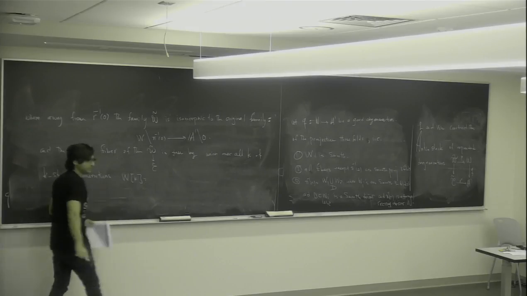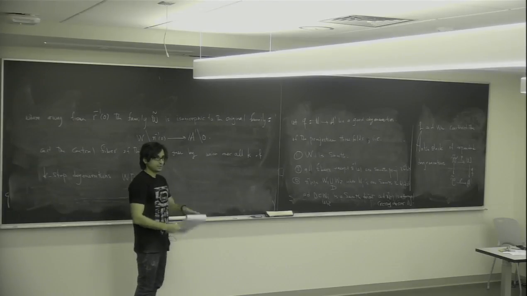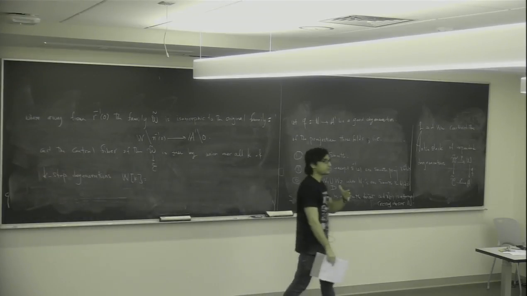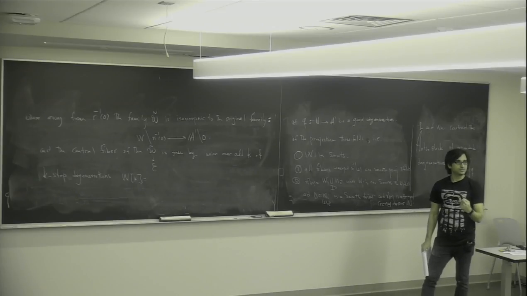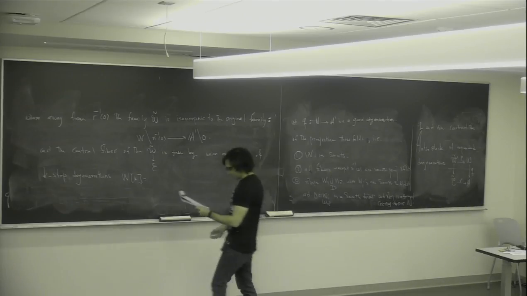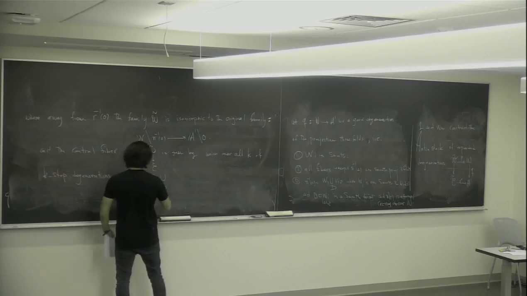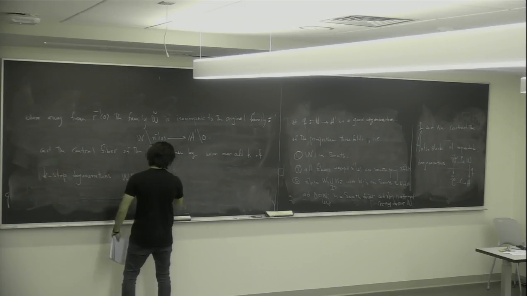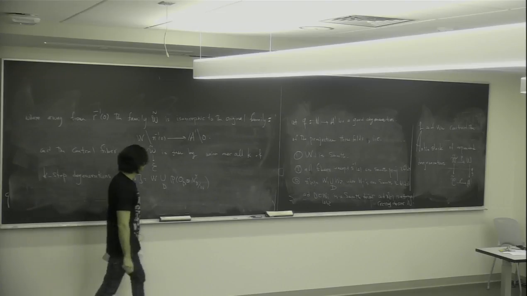And what does the K-step degeneration mean? It means that you are degenerating this original variety W into the normal cone of a divisor inside W, K many times. So what does that mean? If you degenerate W, you get a degeneration whose special fiber looks something like this, but you do this K many times.